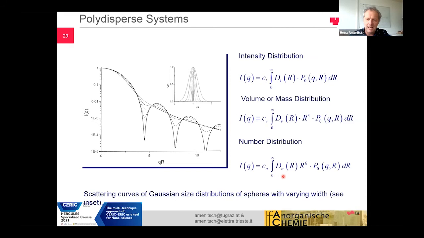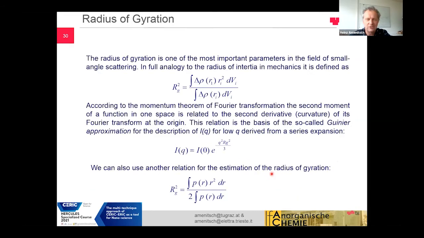What you learn from a sample where you have no a priori information was derived by André Guinier and is now called the Guinier approximation. If you have no information about the particles, you can just look at the very small angles, and the intensity broadening at the very small angles is related to the size of the particle.